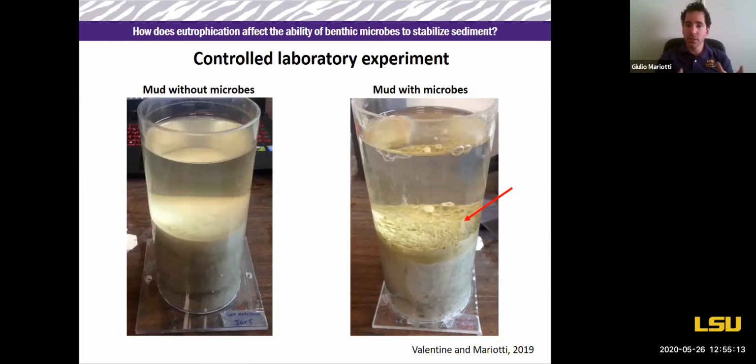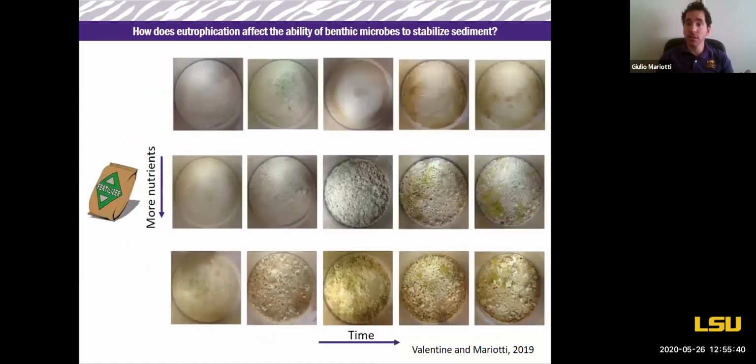So we created a bed of mud, and we had some control tests where we didn't have any microbes. And then in some other tests, we added microbes and added different amounts of nutrients to let them grow at different intensity with different properties. So the experiment looked something like that.